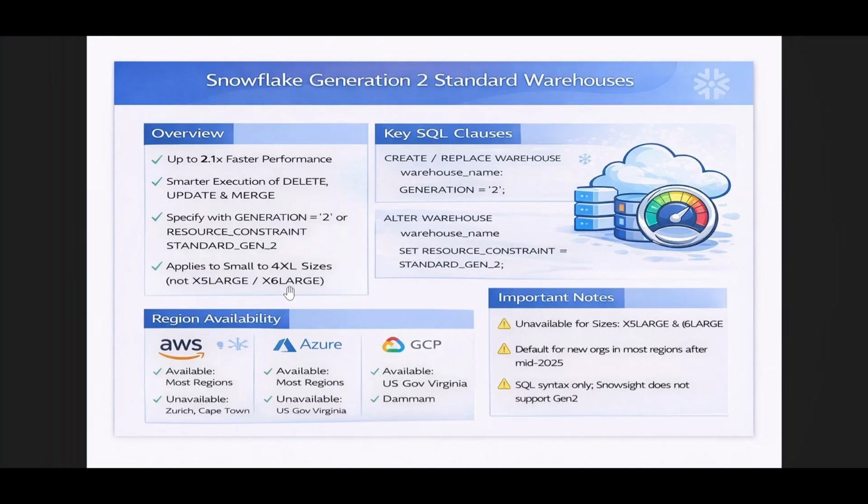Gen2 warehouses are available across AWS, Azure, and GCP in most regions with a few regional exceptions. Also keep in mind that these settings must be configured using SQL since Snowsight currently does not support them. And finally, for many new Snowflake organizations created after mid-2025, Gen2 is now the default, meaning you may already be using it without even realizing it.